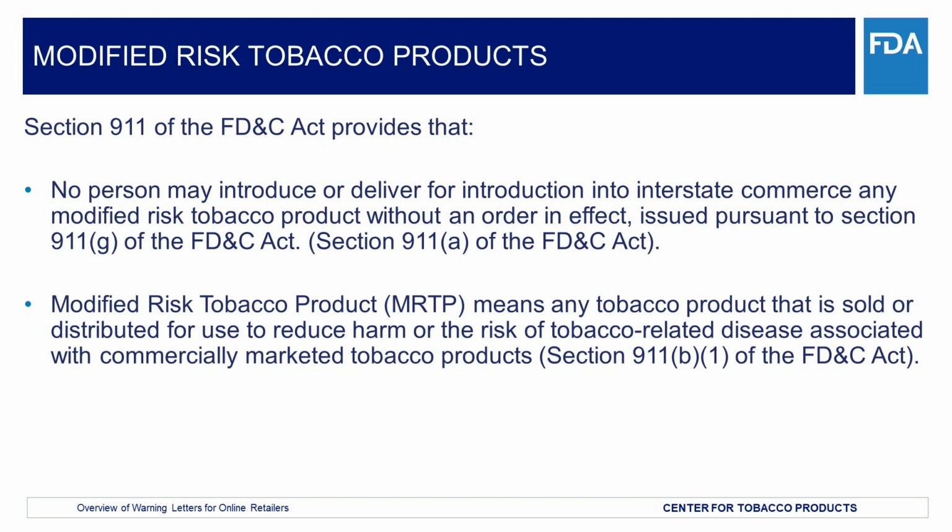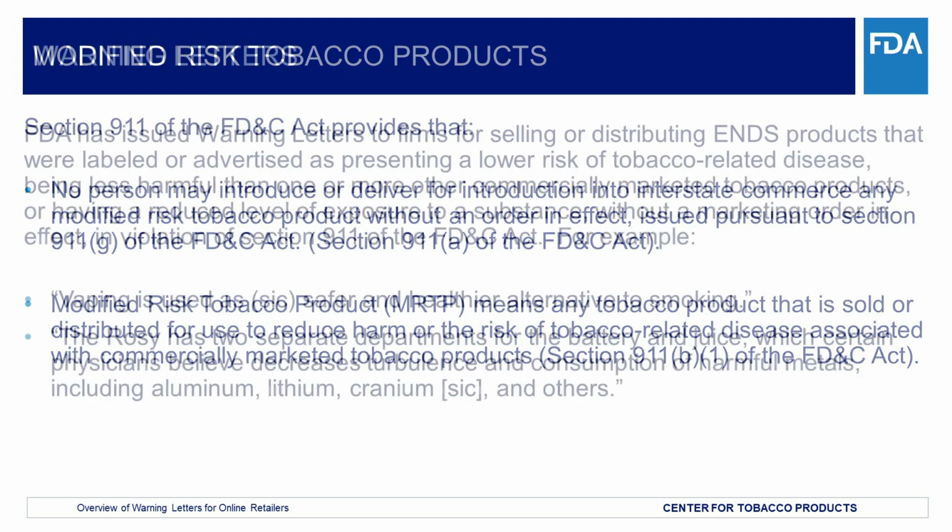Lastly, an MRTP is a product where the manufacturer has taken any action that would be reasonably expected to result in consumers believing that the tobacco product or its smoke may present a lower risk of disease or is less harmful than one or more commercially marketed tobacco products, or presents a reduced exposure to, or does not contain, or is free of a substance.